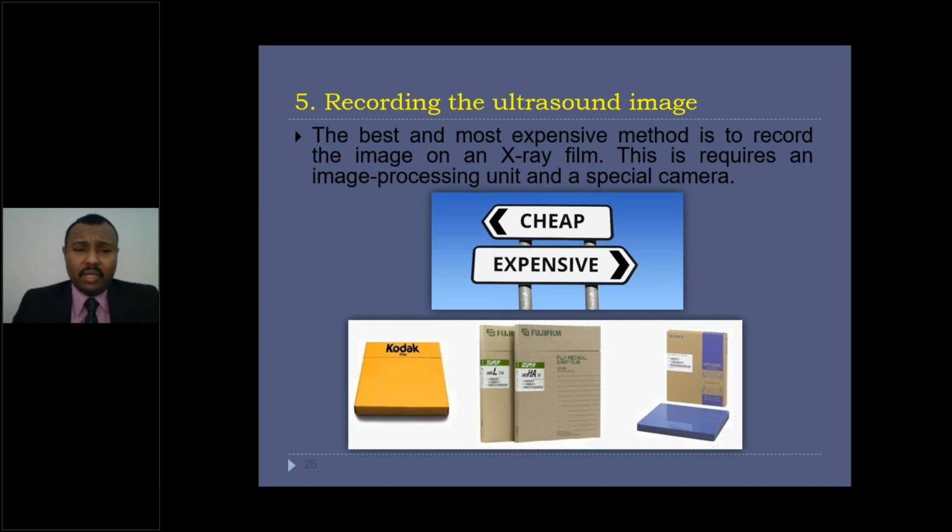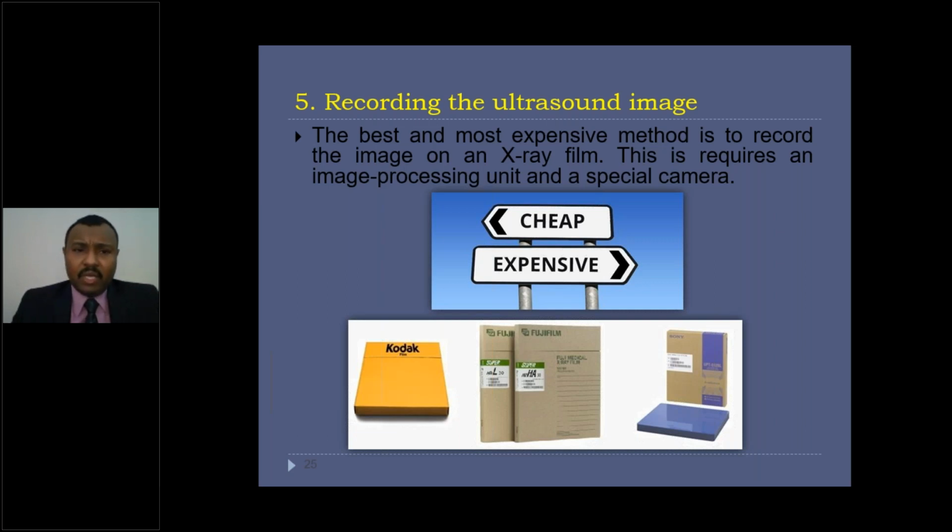I would like to bring to your information that the best and most expensive method of recording your ultrasound image is to use an X-ray film. But if you would like to use the X-ray, facilities are needed. The first facility is an image processing unit combined with a special camera, and for sure this makes this kind of recording a very expensive tool for recording your information for a long period of time.